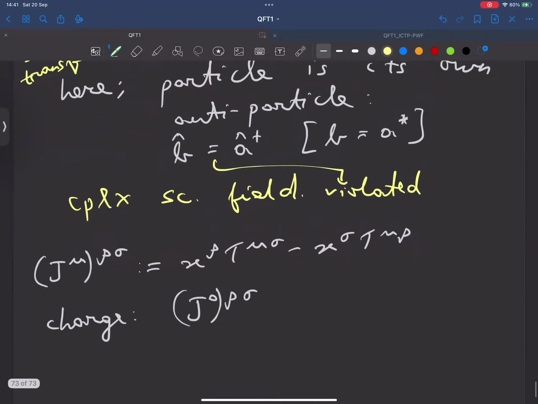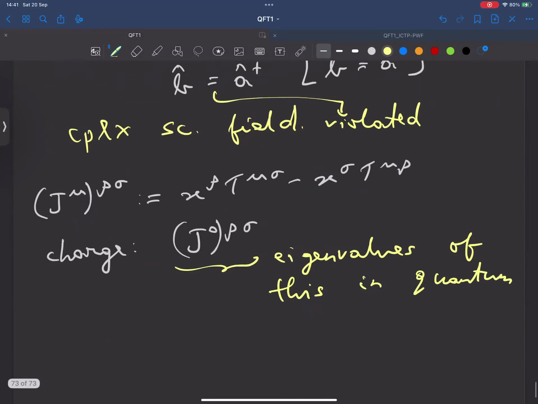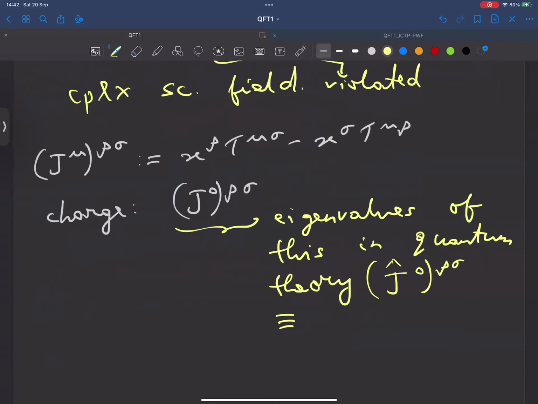And the eigenvalues of this object in the quantum theory, so in quantum theory, this becomes an operator. When you promote it to an operator, J^0 rho sigma, this is what we will define as spin.